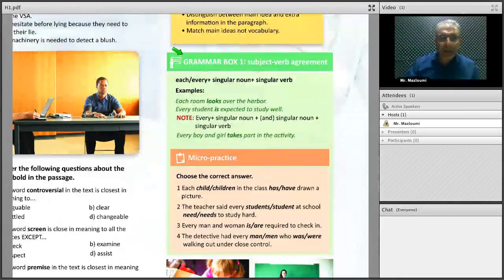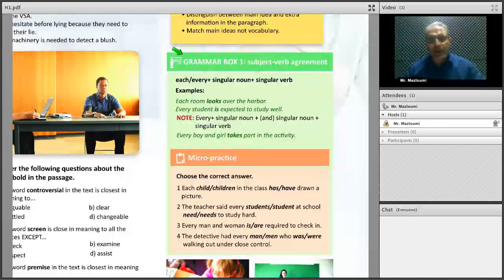All right. Grammar box 1, subject-verb agreement. What is meant by subject-verb agreement? It means when our subject is singular, the verb should be singular. When it is plural, the verb should be plural.